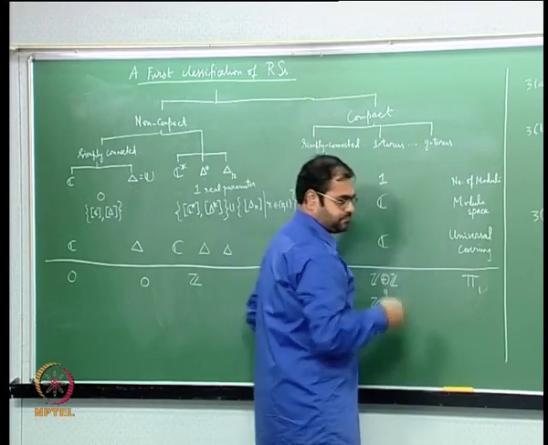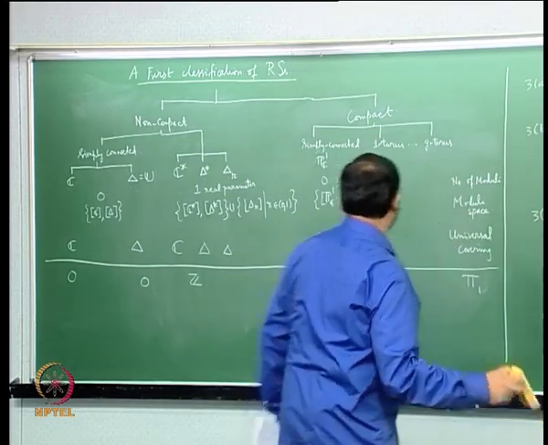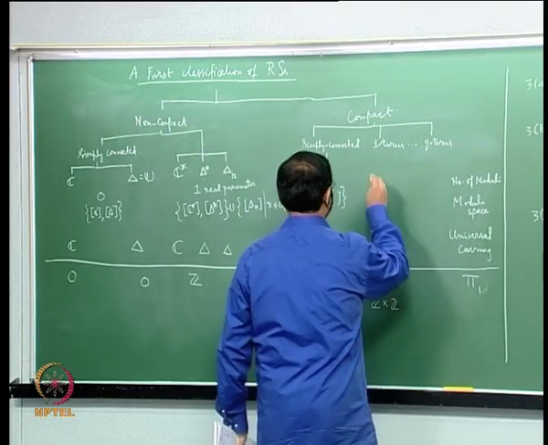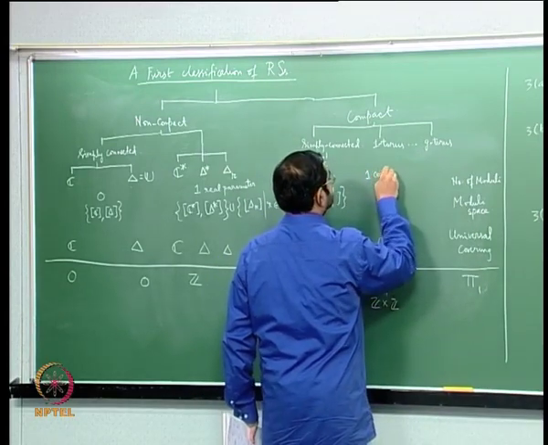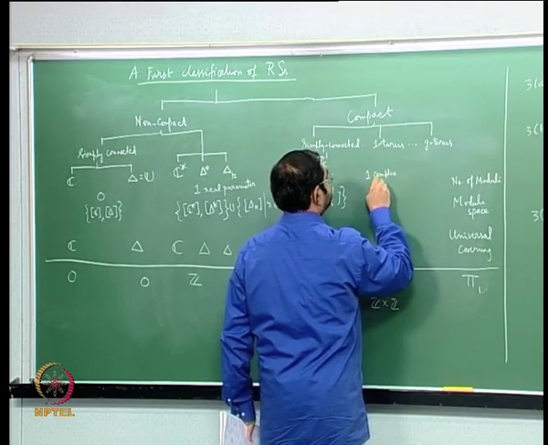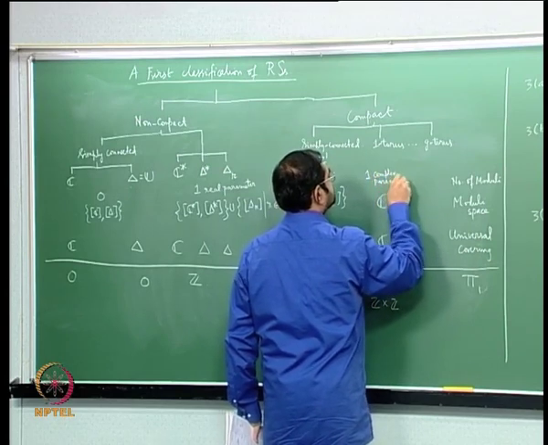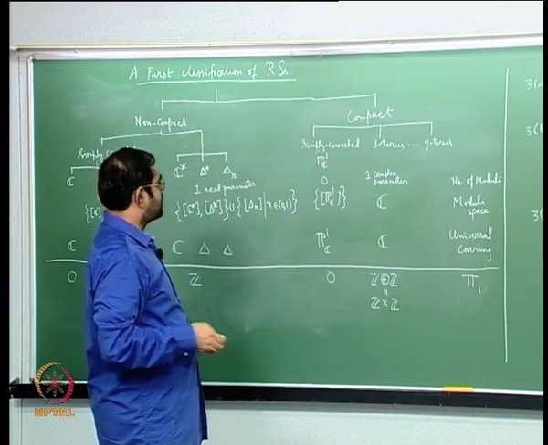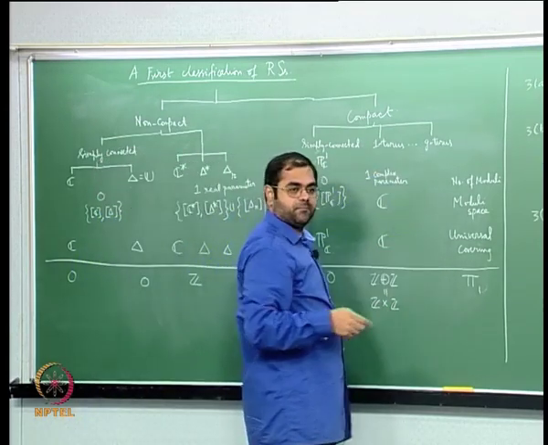So let me write it as one complex parameter, okay, and so what is left out is the case of a g torus, okay.